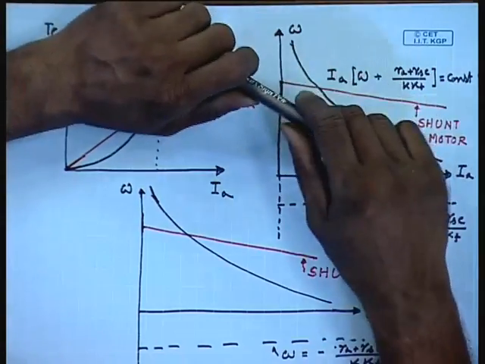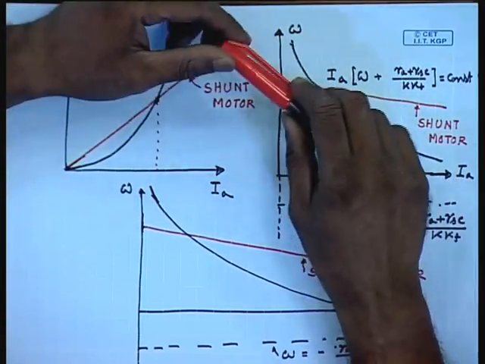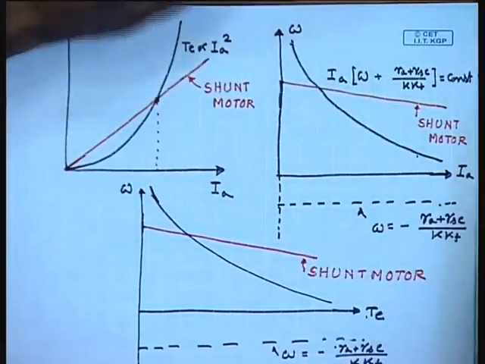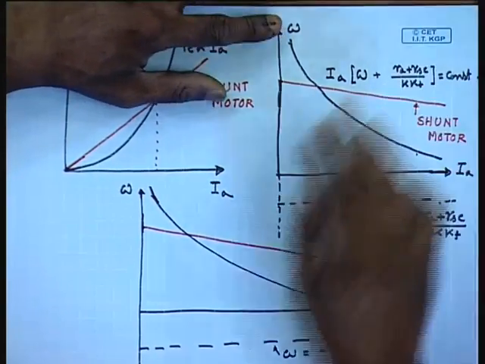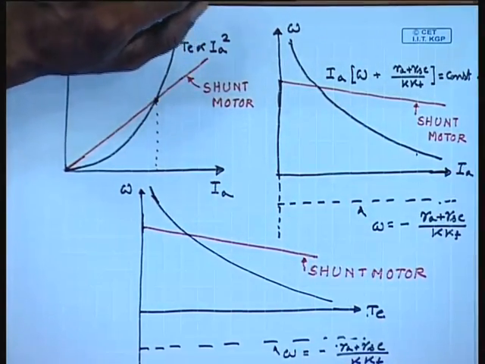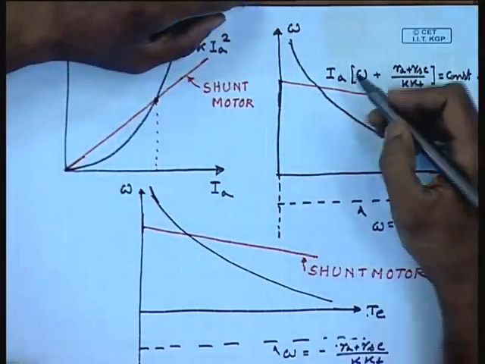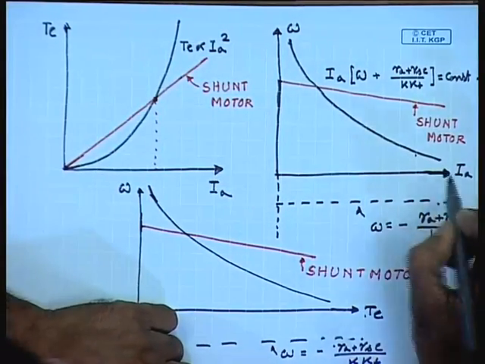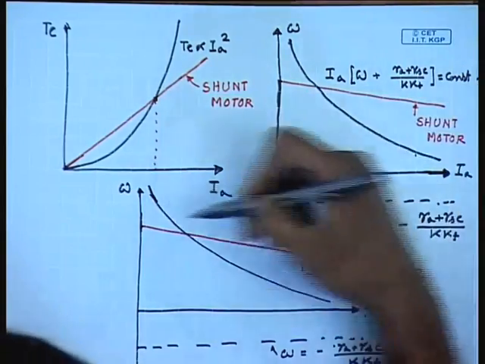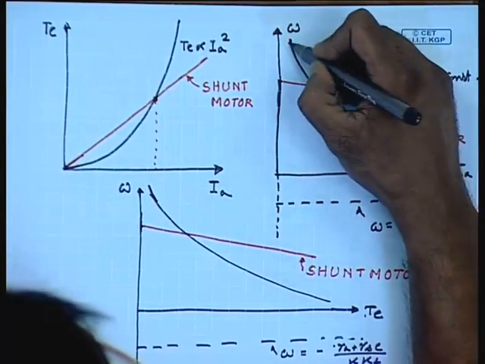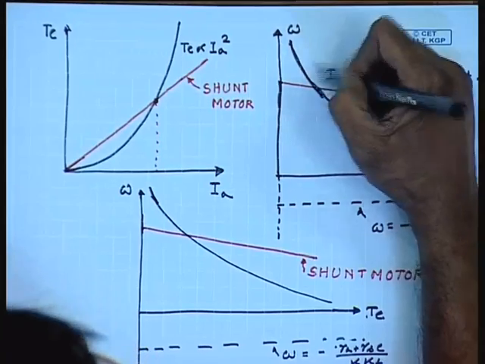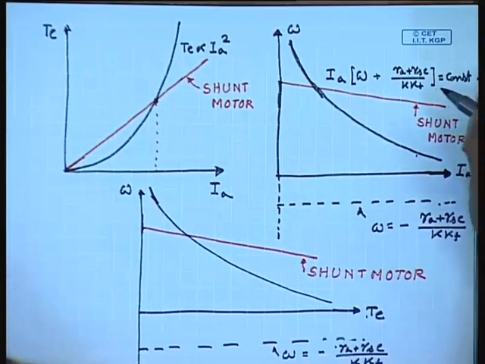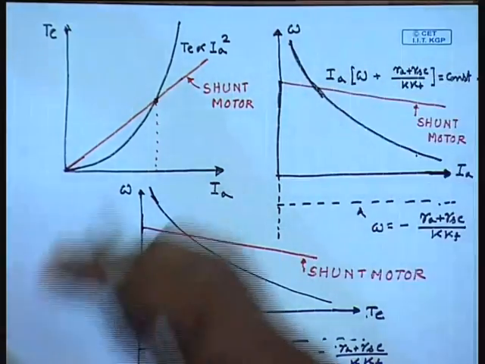There are several features to note in these idealized characteristics of the DC series motor. If we look at the speed current or speed torque characteristics, we find that the characteristics are asymptotic to I_A equal to 0 or T_e equal to 0 line.